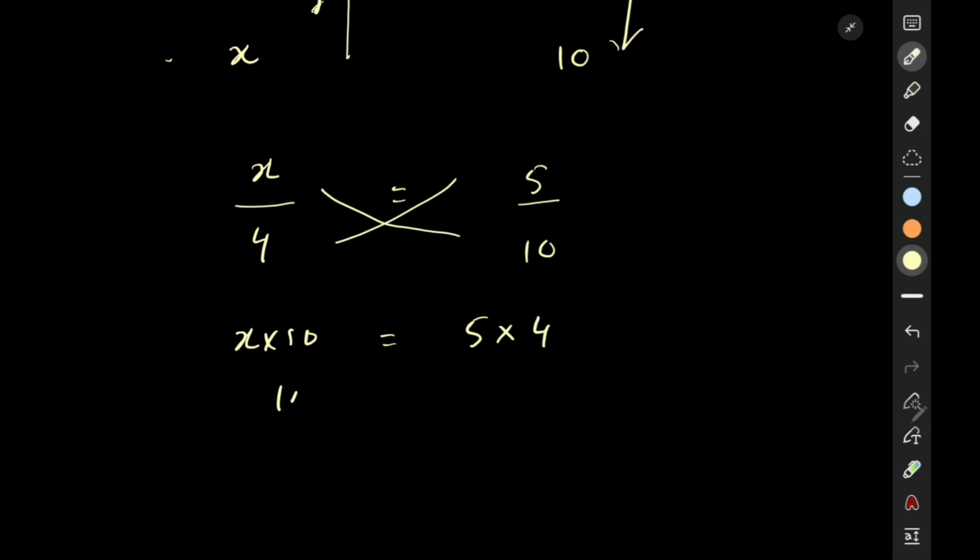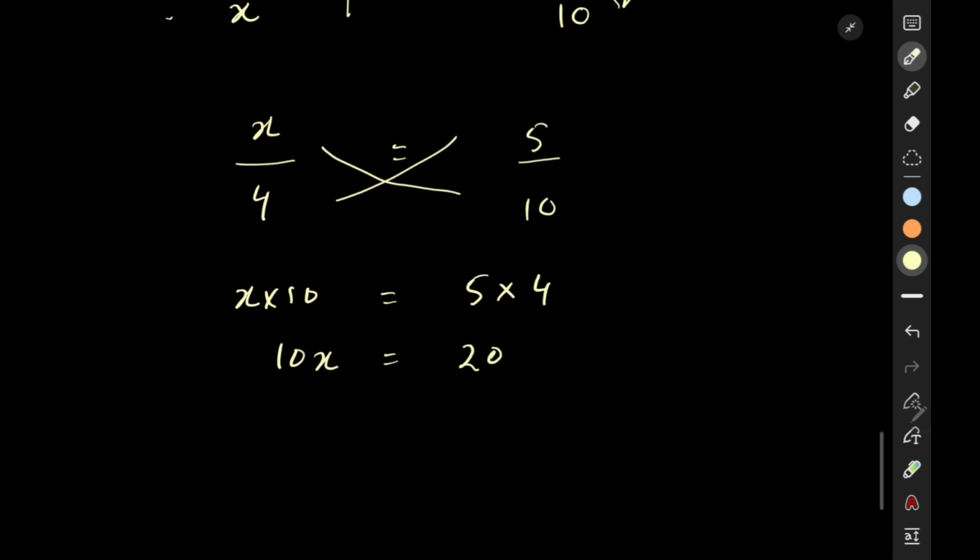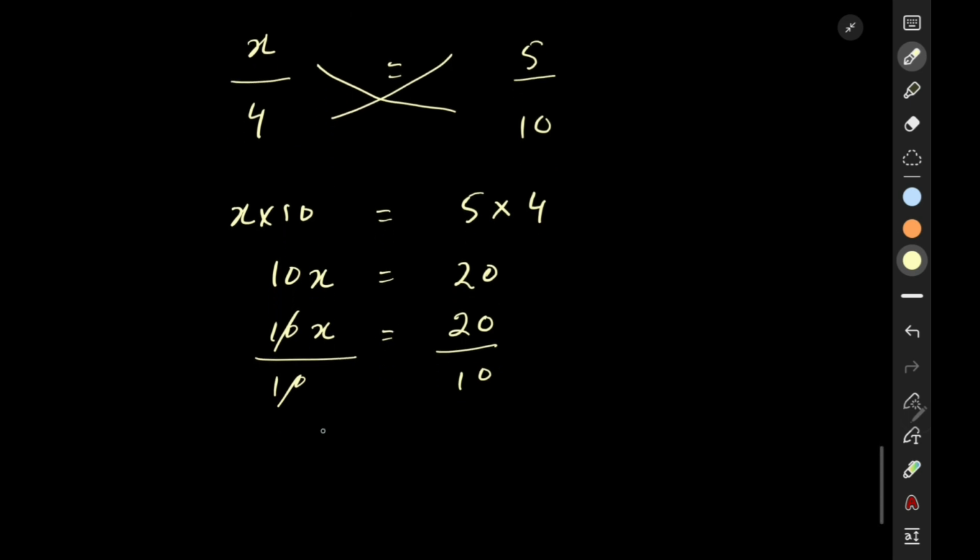It gives 10x and here 20. So we have to isolate x, so we divide by 10 on both sides. x is equal to 10 2 times, so x is equal to 2.